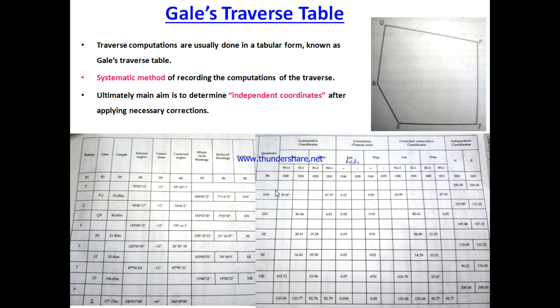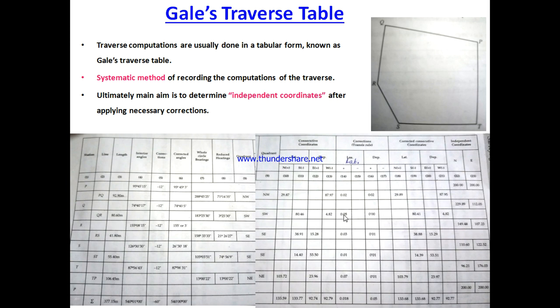Suppose here, since it is 29.87, we have calculated it. Here also it is positive, here it is positive. Now here in the southing, it is negative for line QR. So the correction is 0.05 in the positive direction of the latitude, which means we need to deduct it from here because it is in the negative direction.